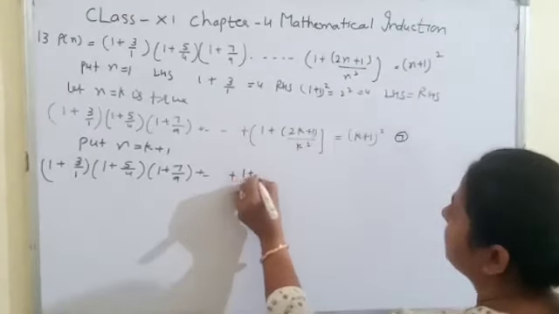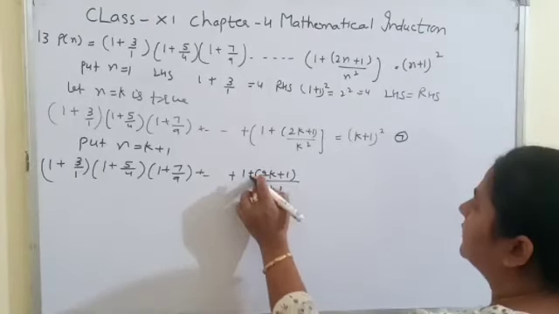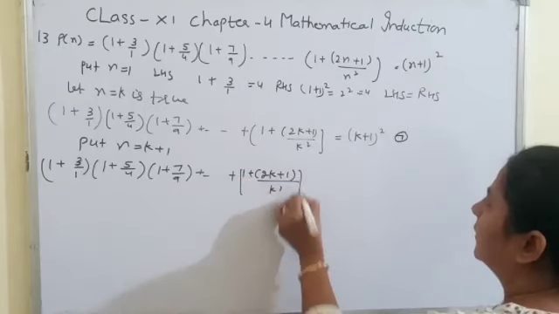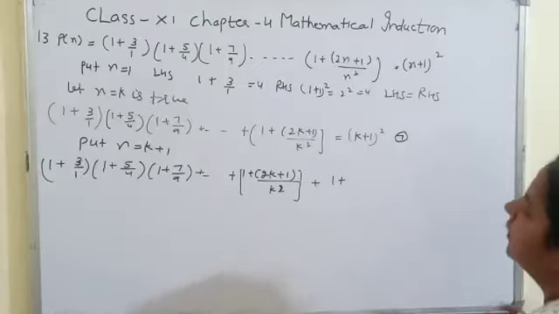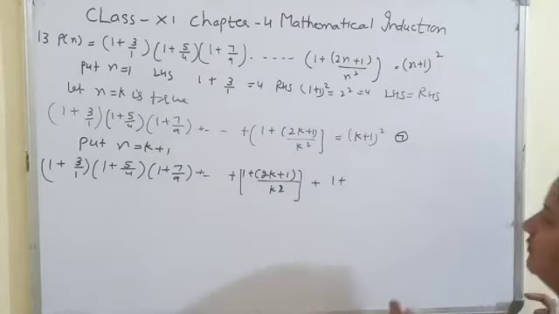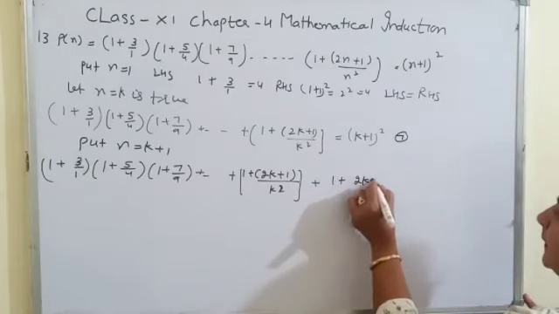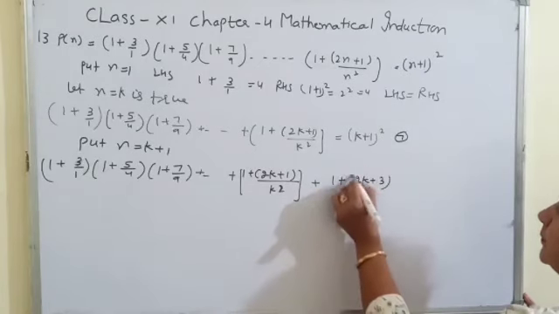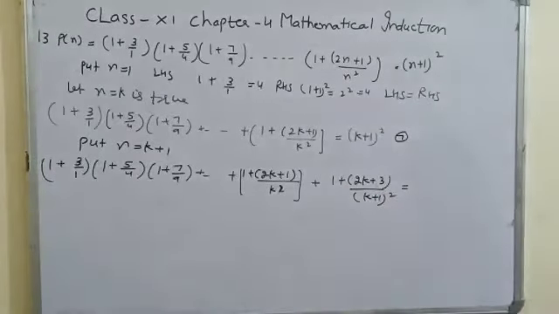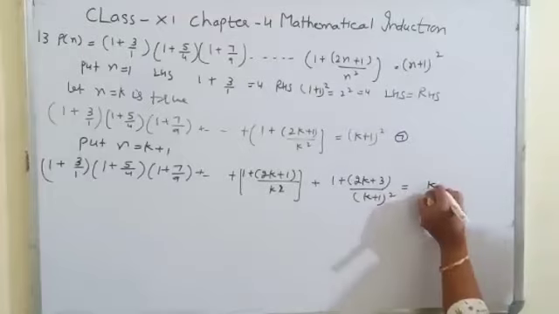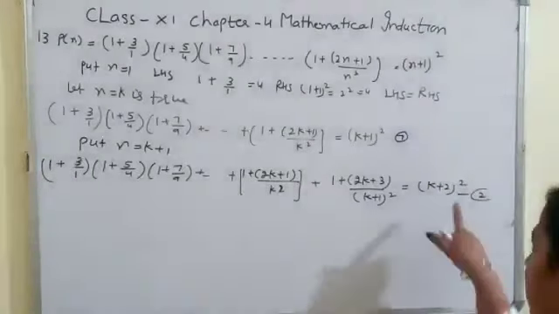So it is same here, (2k plus 1) upon k square, and 1 plus 2k plus 1, when we write it as k plus 1, it will become 2k plus 3, and at the denominator it is (k plus 1) whole square, is equal to (k plus 1 plus 1) square. It means we have to prove our left side is equal to (k plus 2) square.